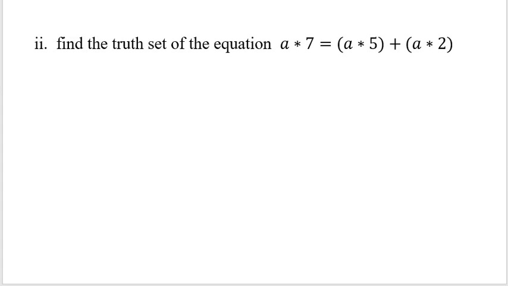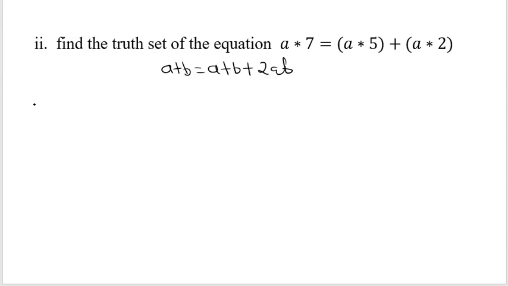Don't forget, we are still using the same definition, A star B being equal to A plus B plus 2AB. We can try to solve it at a go, or we can solve the terms having the operation separately, and when we are done, we substitute them into the equation.